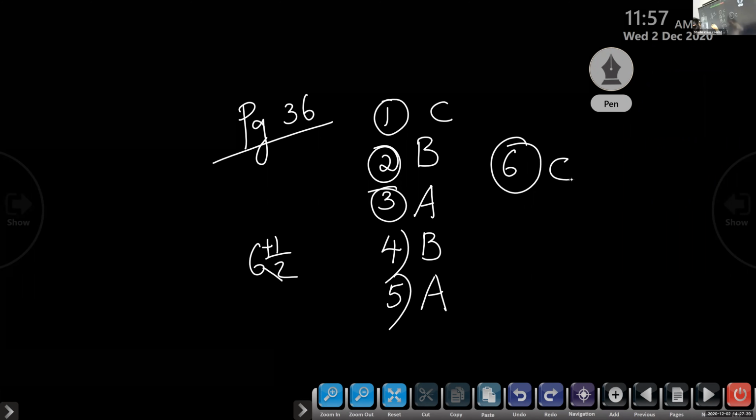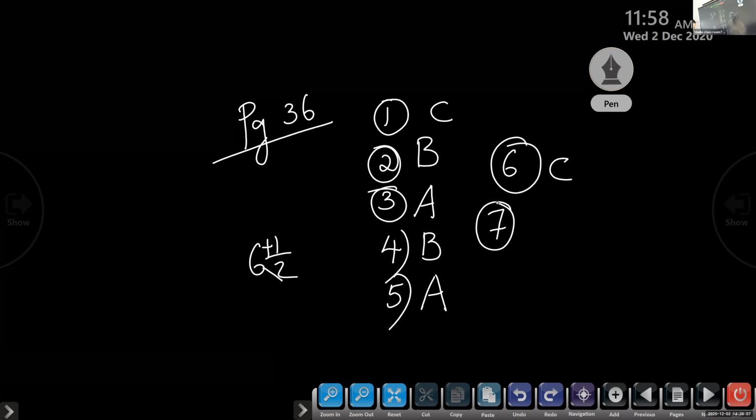Okay, now next one. Okay, Gautam. Question number 7. The improper fraction form of 4 1 by 3.